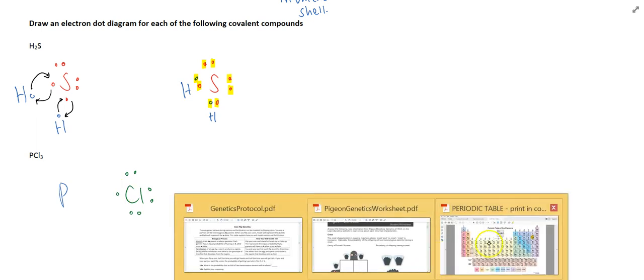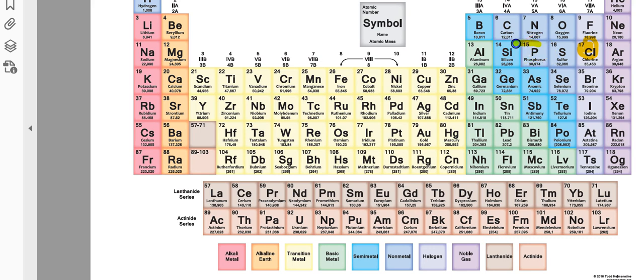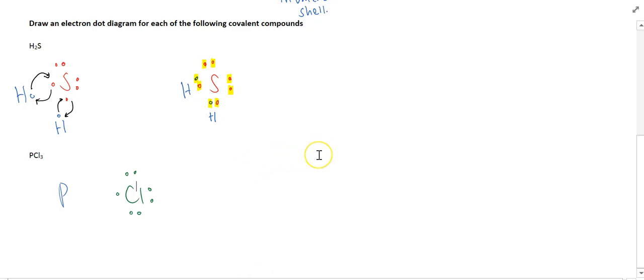If we look on the periodic table, phosphorus is in group 15, or in the classical numbering system, it's in group 5, meaning that it will have 5 electrons in its outermost shell. So let's draw that. 1, 2, 3, 4, 5. There are 3 chlorine atoms, because the subscript 3 after the chlorine tells us there are 3. So let's draw in 3 chlorine atoms.